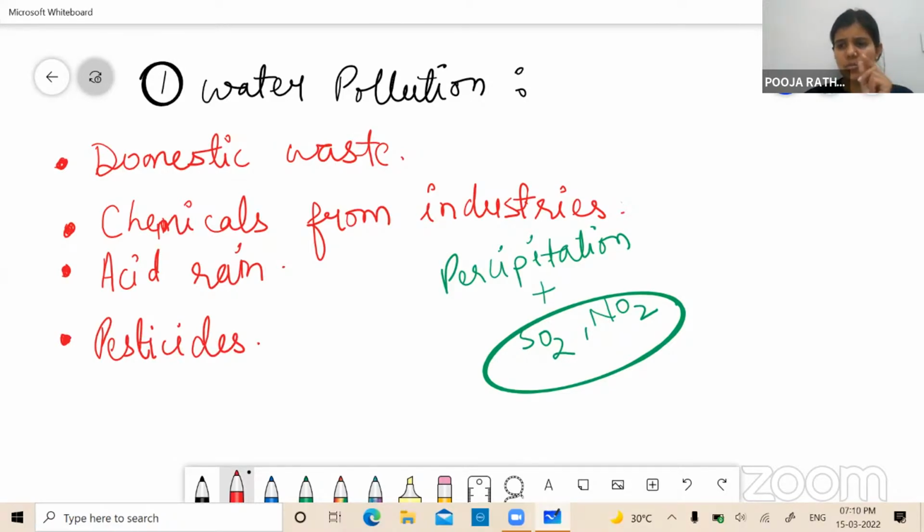Pests are small organisms that harm their crops. Pesticides are those things which are spread by farmers on their land in order to grow crops without any pests. So these pesticides, what do they do?